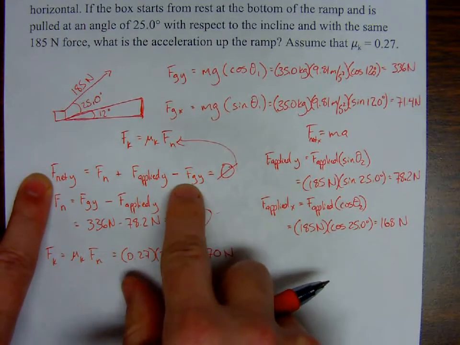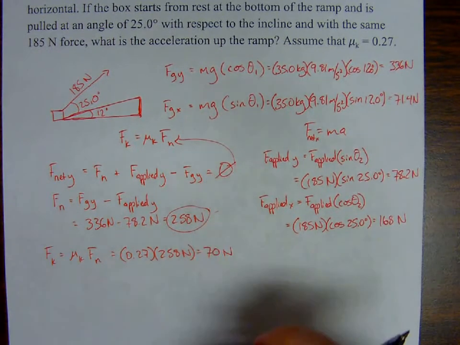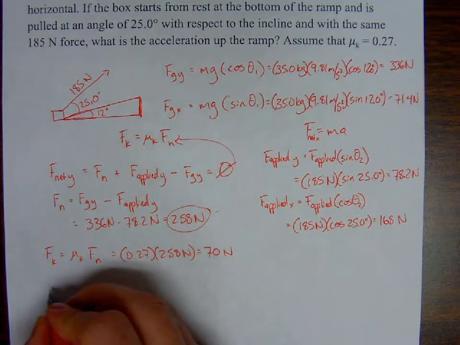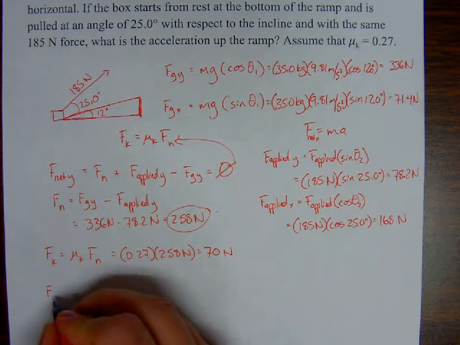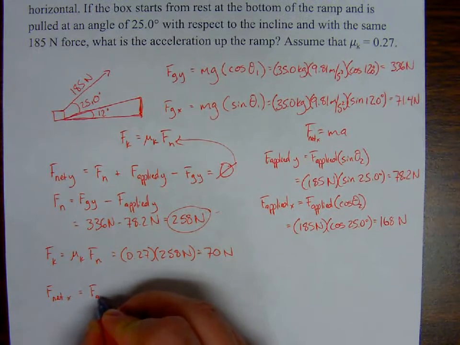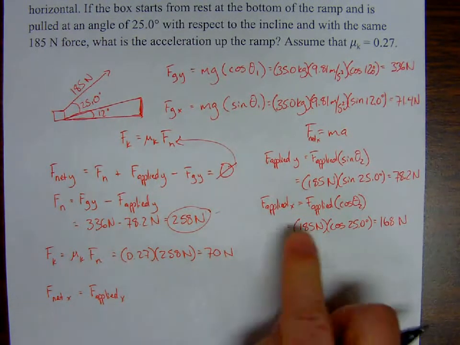Now, I also have to take into consideration the force of gravity operating in the x direction. Remember, the force of gravity is making the box want to move backwards to the left, in the direction opposite of the applied force. So I also have to subtract the force of gravity in the x direction.